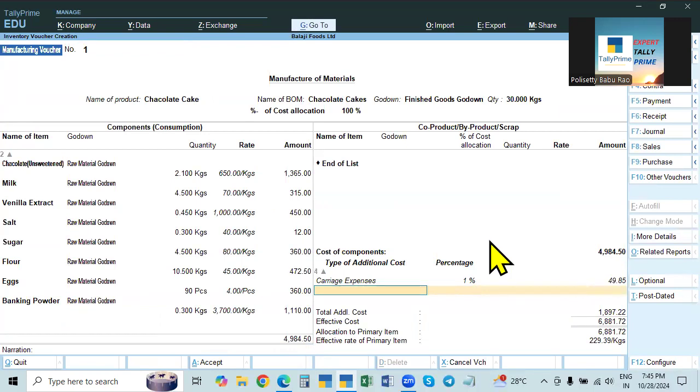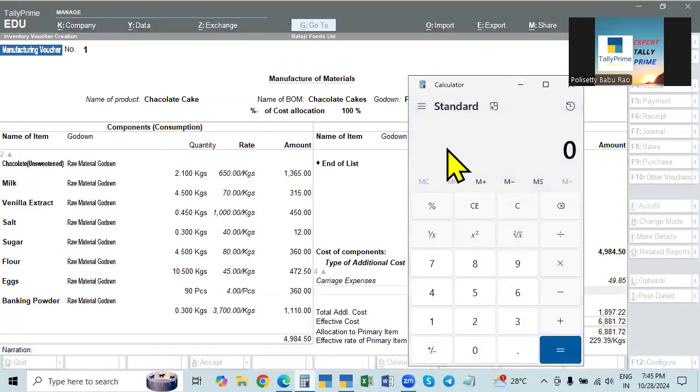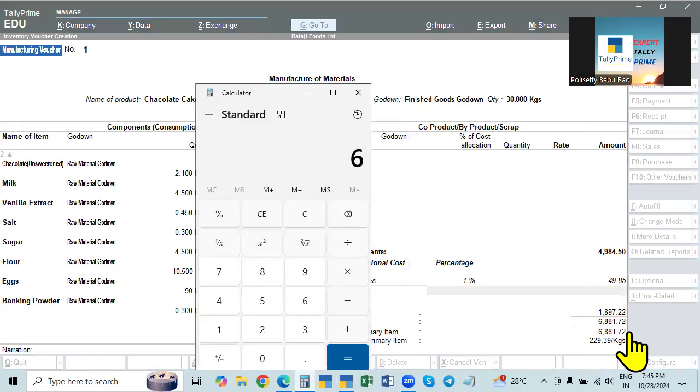Now the material cost is 4,984 rupees. Additional expenses are 1,897.82. The total cost is 6,881.70.